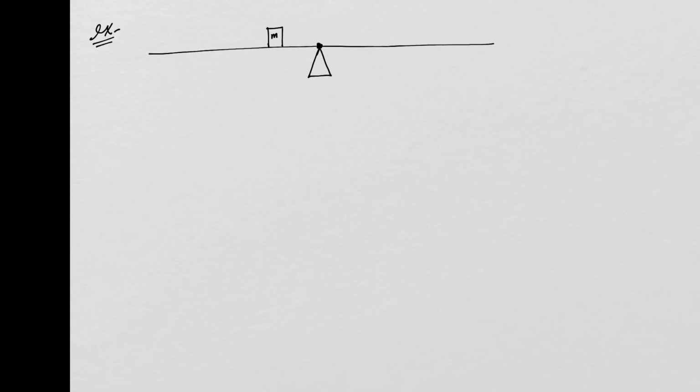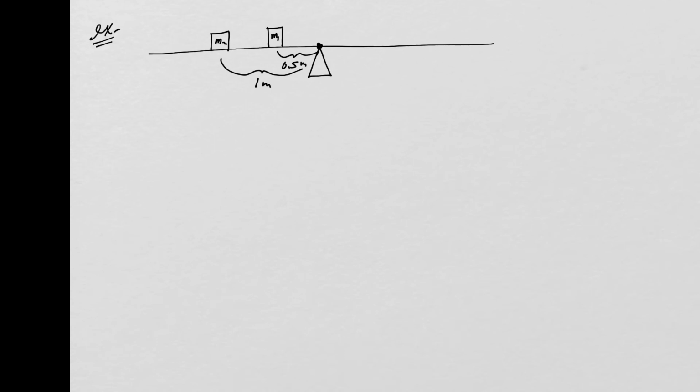Let's say its distance is 0.5 meters away. And then let's say I have M2 sitting here, 1 meter away from the point of rotation.